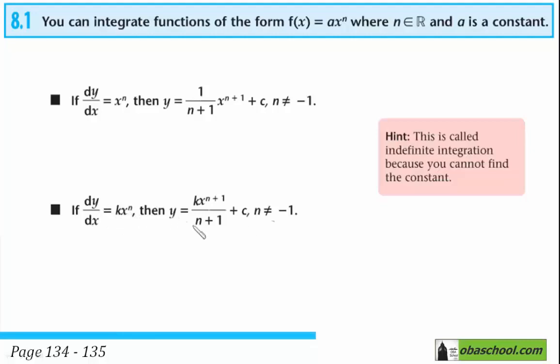Similarly, when dy by dx equals k multiplied by x power n. Using these two formulas, we are going to be able to solve our examples. Now, for better understanding, let's solve some exercises.